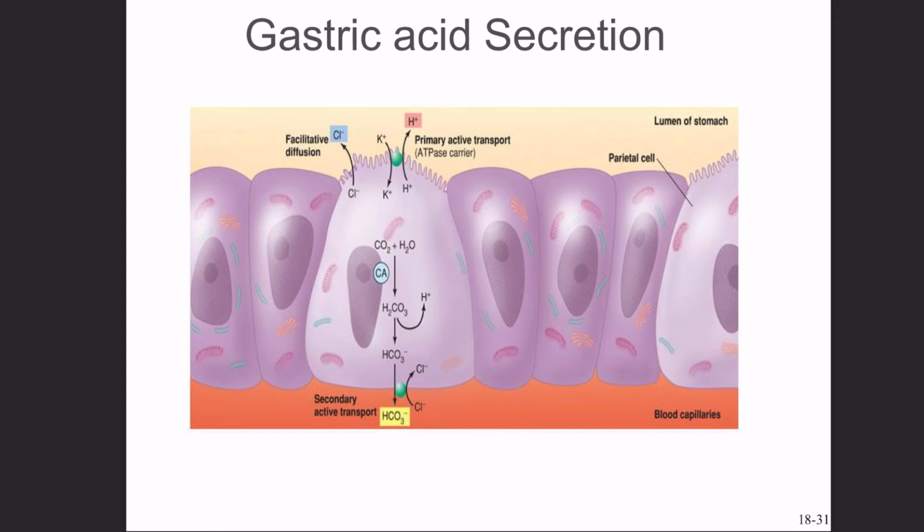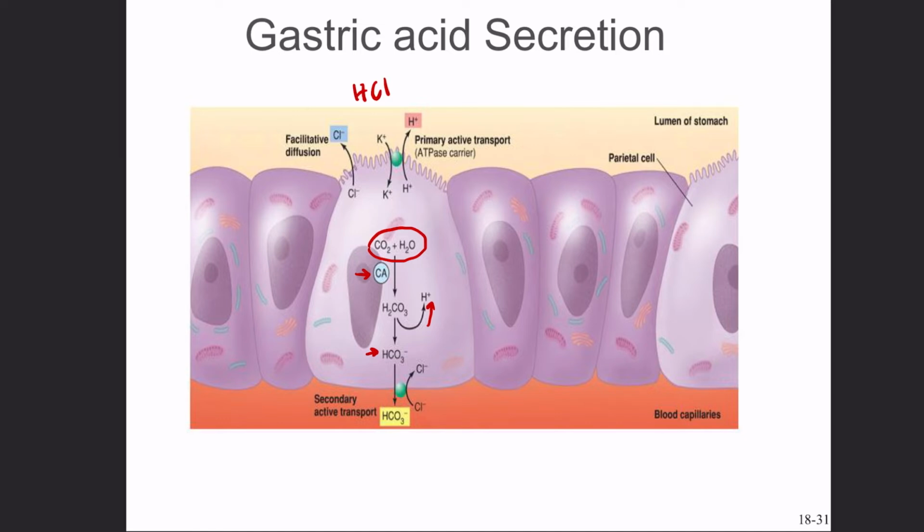So this is just to show us how hydrochloric acid is secreted. First off, we have carbon dioxide and water within the cell, and via that same enzyme that we've spoken about before, carbonic anhydrase, that is going to change the carbonic acid into bicarbonate and H ions, hydrogen ions.